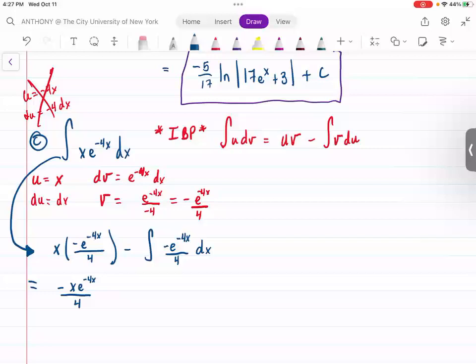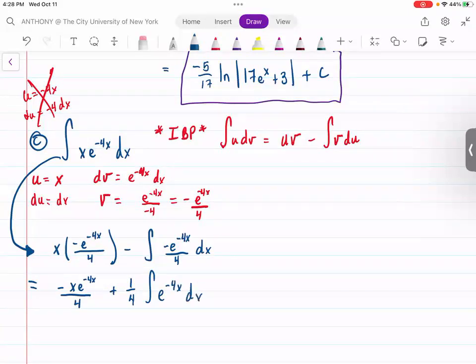But be careful: because I have a negative sign already on the outside, what happens to my two negatives? It becomes positive. So this becomes plus 1/4 the integral of e to the negative 4x dx.